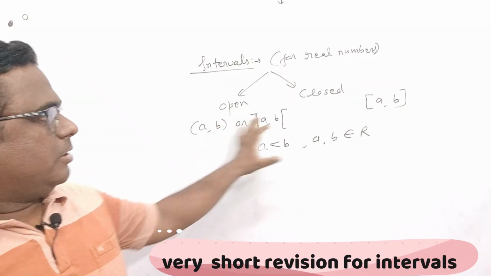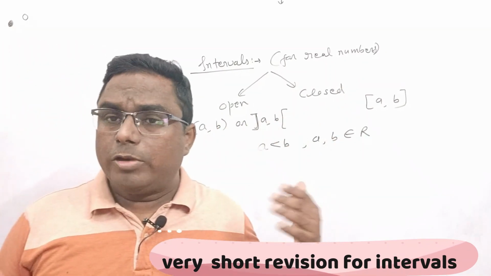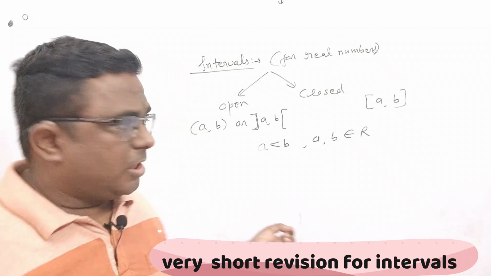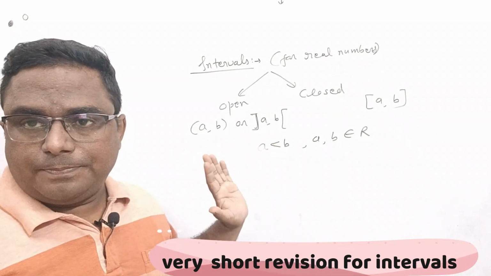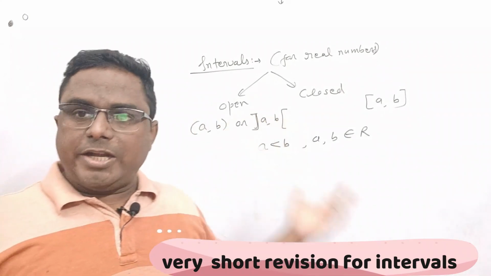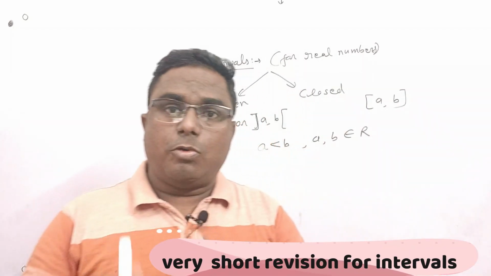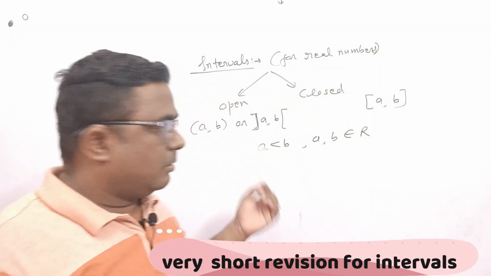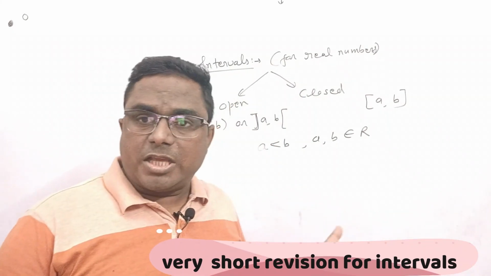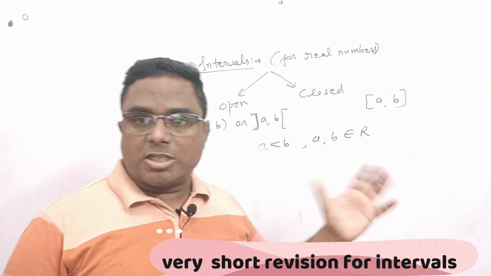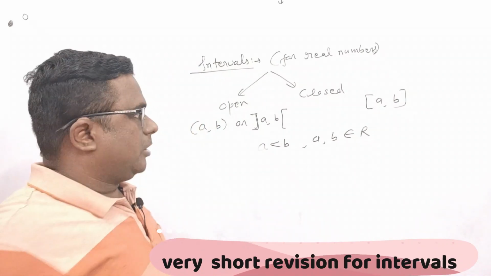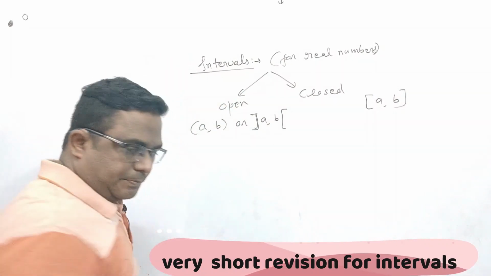It means in all these formats a and b are two real numbers according to the condition that a is less than b. So whenever you make any interval, you have to remember that first number must be smaller than the second number, and both a and b must be real numbers. Now let us consider some examples.